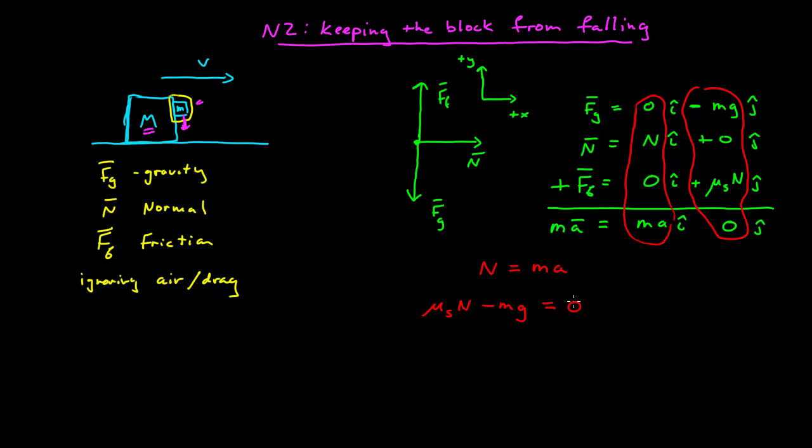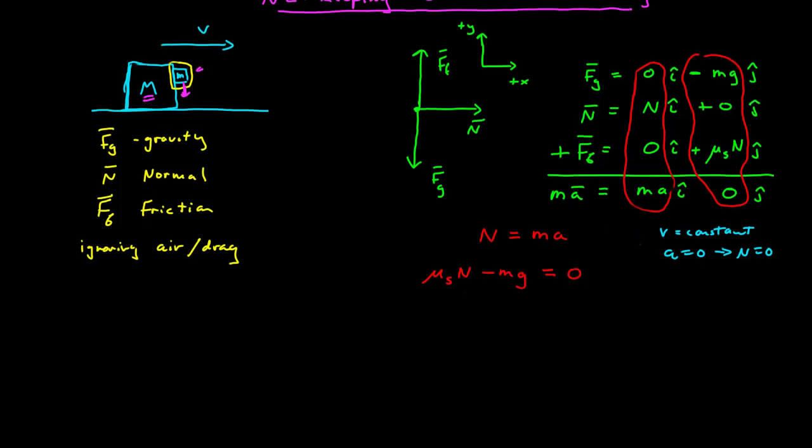And the answer is no. At any constant speed, then a is 0. If a is 0, then n is 0 from here. And if n is 0, then the frictional force is 0, and you simply have the force due to gravity and it falls.